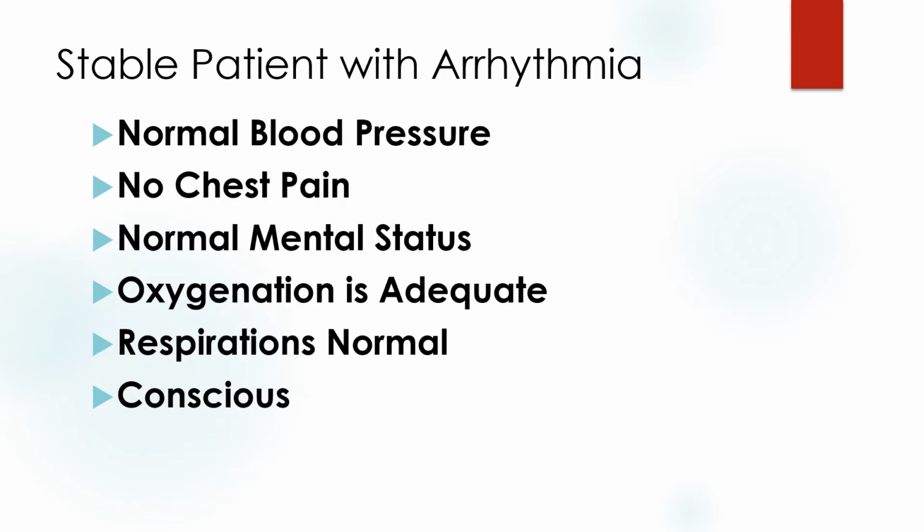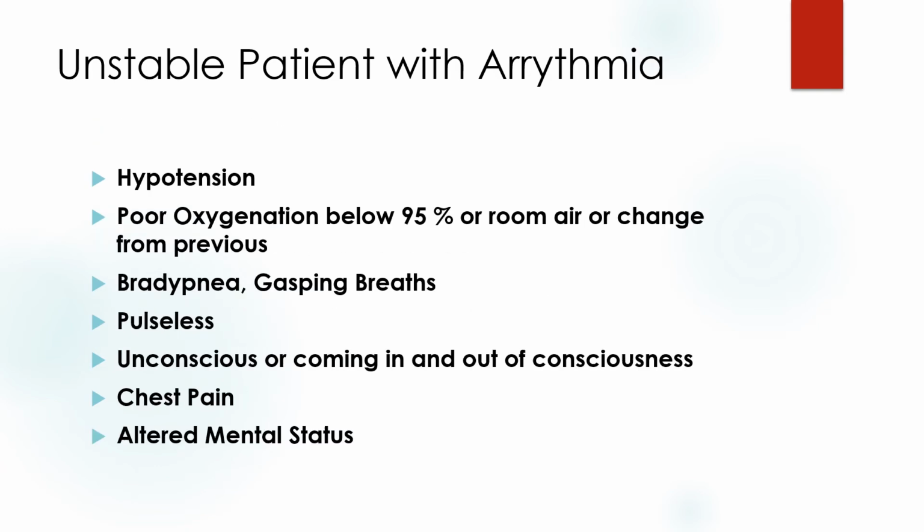Stable patient with an arrhythmia. They're going to have normal blood pressure, no chest pain, normal mental status, oxygen is adequate, and respirations are normal, and they're conscious. I paint this picture because we need to know the difference between a stable patient and an unstable patient when we're dealing with the two algorithms, bradycardia and tachycardia.